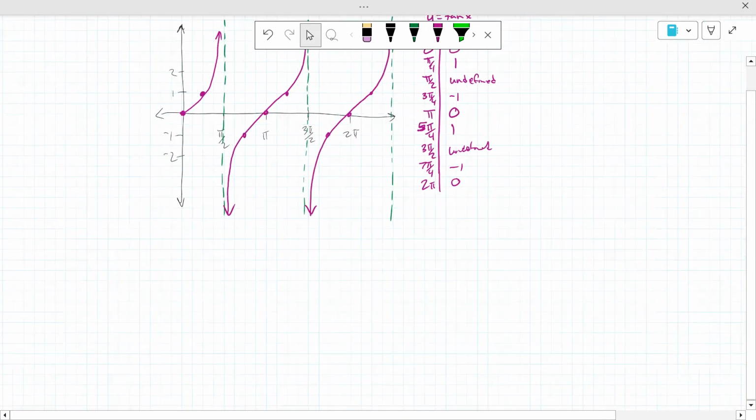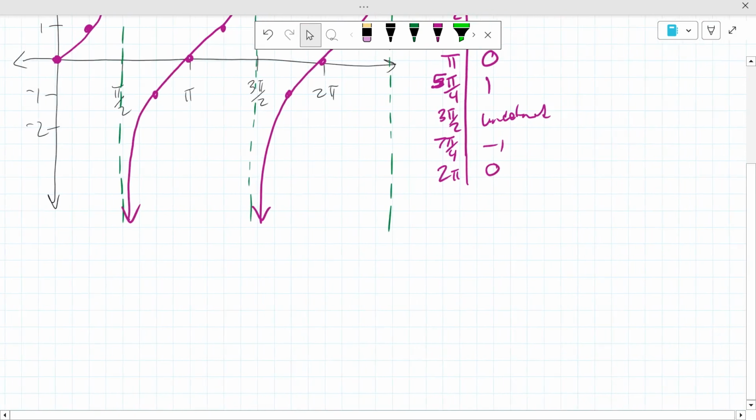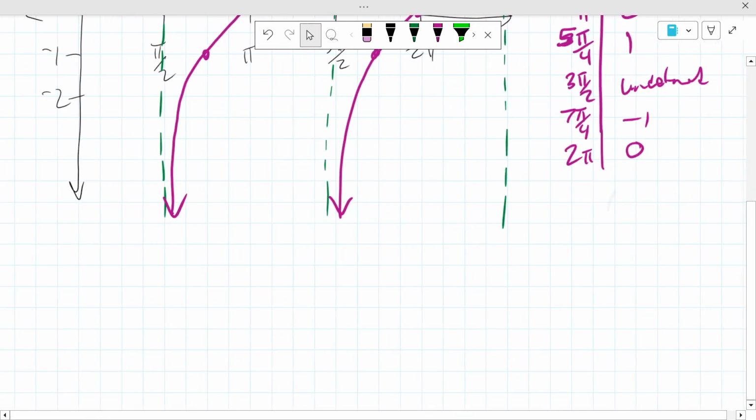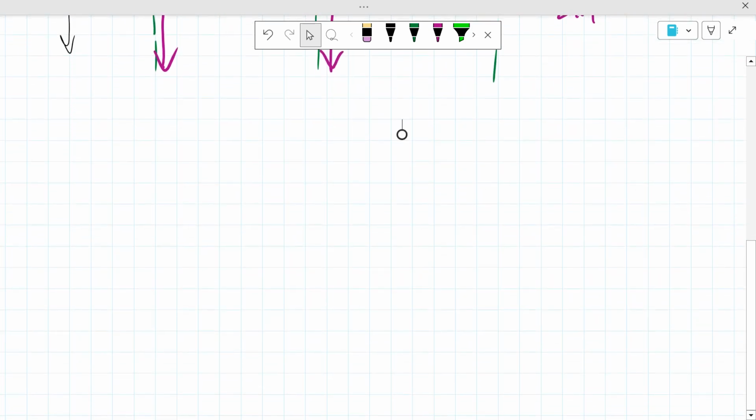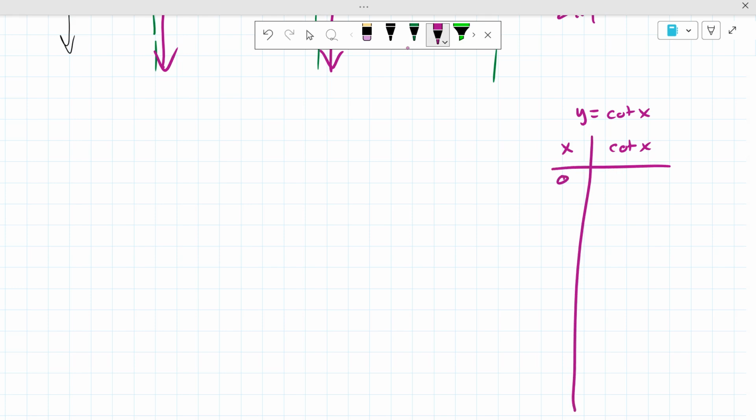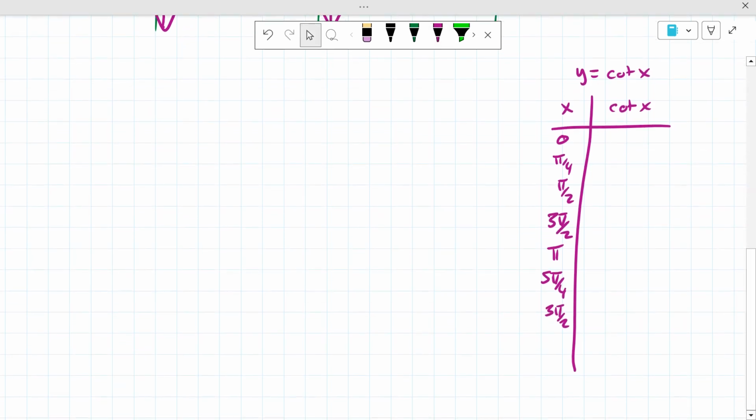Now let's do a cotangent graph. Zero, pi over 4, pi over 2, 3 pi over 4, pi, 5 pi over 4, 3 pi over 2, 7 pi over 4, 2 pi.